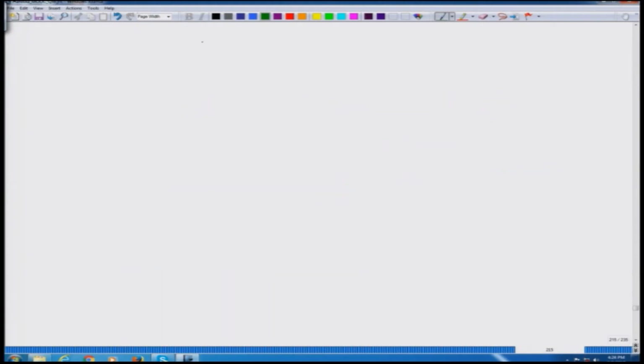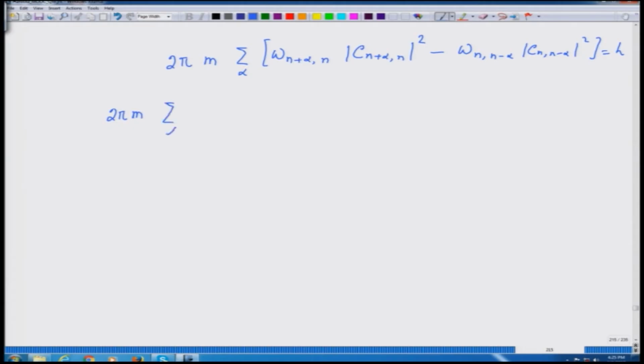So, recall that the condition that Heisenberg wrote was 2πm summation over α of ω_{n+α,n}|C_{n+α,n}|² minus ω_{n,n-α}|C_{n,n-α}|² equals h. Let us rewrite this slightly. So, this becomes 2πm summation over α.